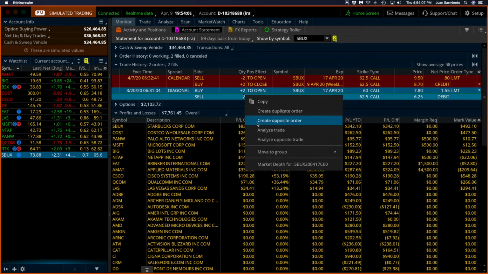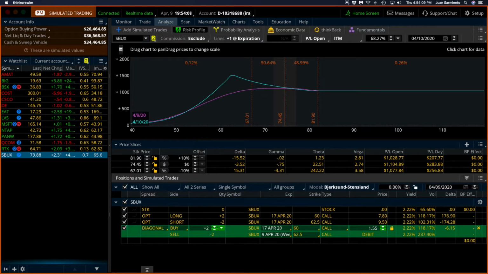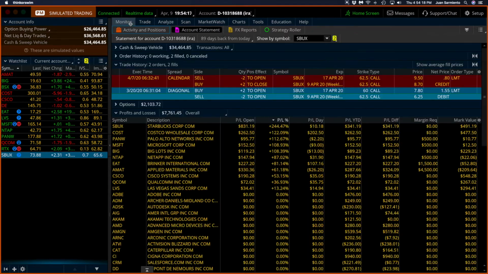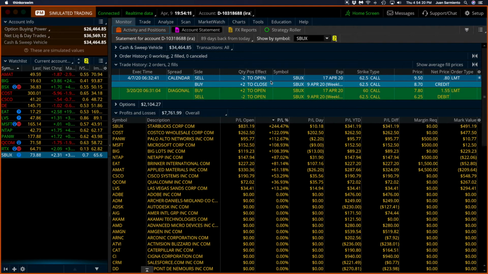This is the original diagonal. That's what it looks like right there. And that gave me $272.78. And then I did a calendar trade, which is essentially I bought back the short April 20th call, April 9th, which is due to expiration tomorrow, and I rolled it over one more week.